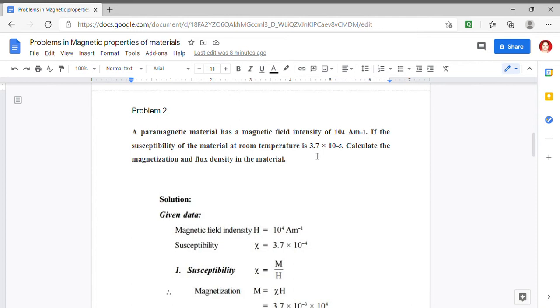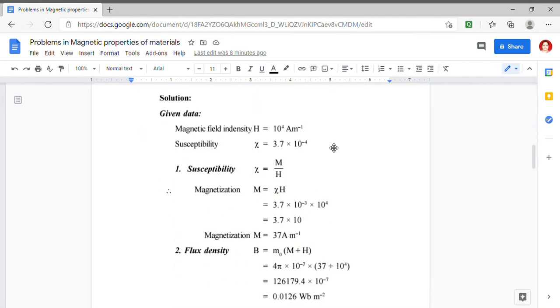So, we have magnetic field intensity H equal to 10 raised to power 4 and susceptibility chi to be 3.7 into 10 raised to power minus 5.